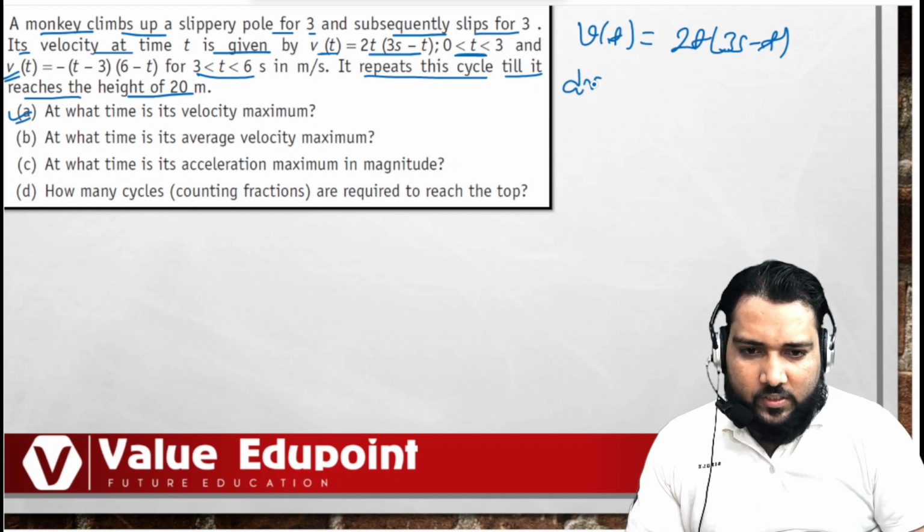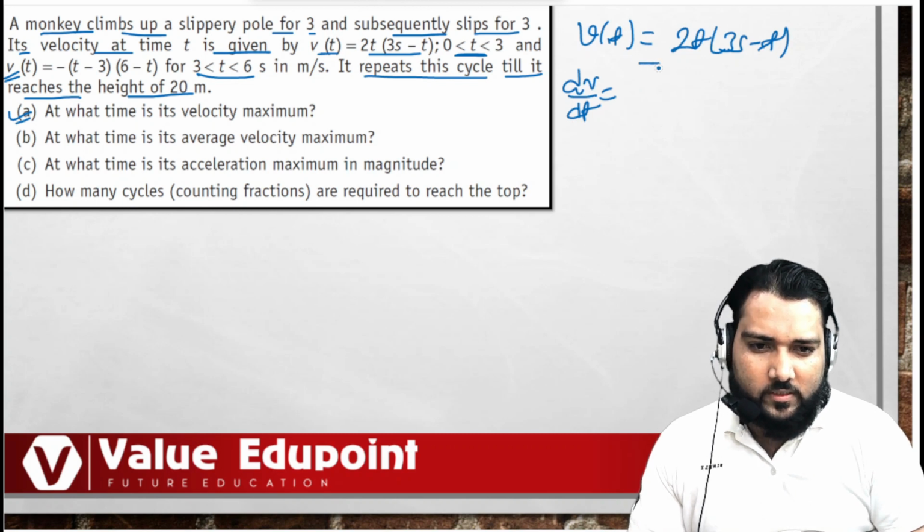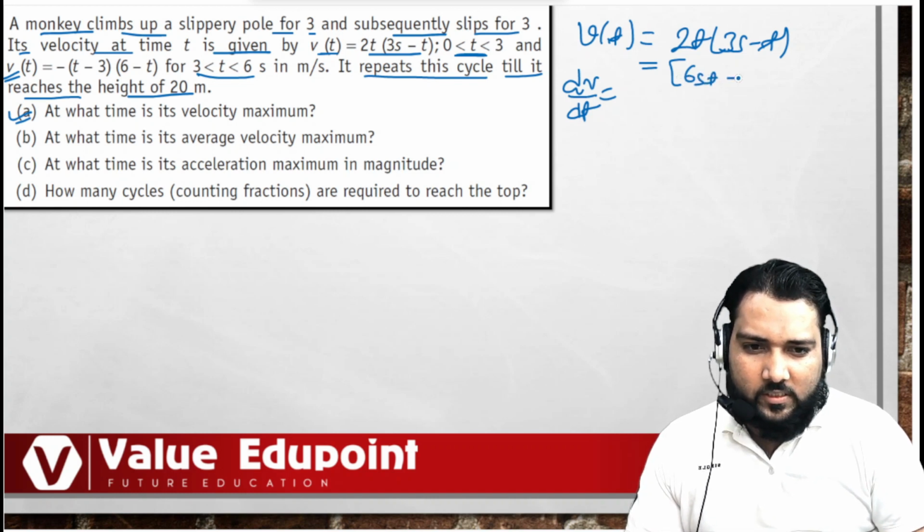When you differentiate dv by dt, we can write this function in this way. Look at this. When you multiply 2t inside, this will come out to be 6t minus 2t square.